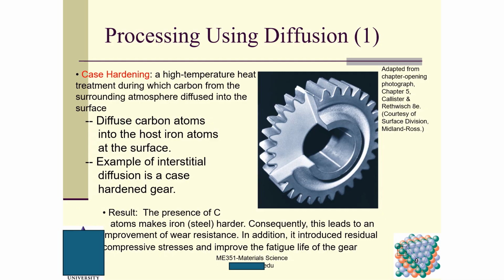We improve the wear resistance because we make the specimen harder. First, we enhance the hardness of the specimen by diffusing the carbon atoms into the surface of the specimen. This is the first one.